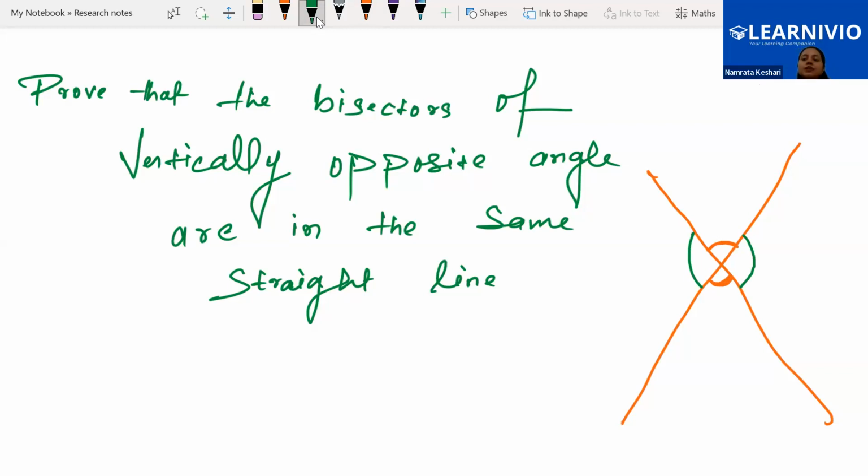Suppose I am drawing a bisector of this orange angle, let's say this purple line. This purple line is bisecting this complete orange angle. Let me name it. Suppose we have PQ and suppose we have AB.